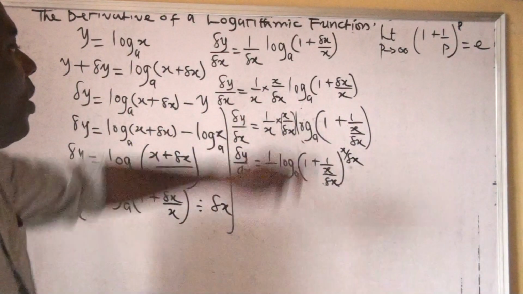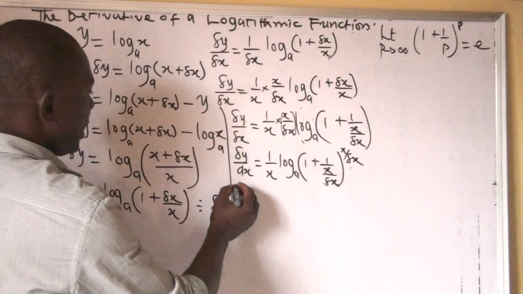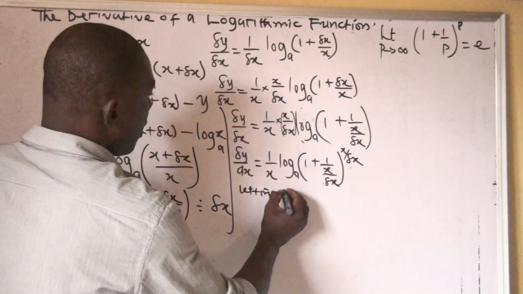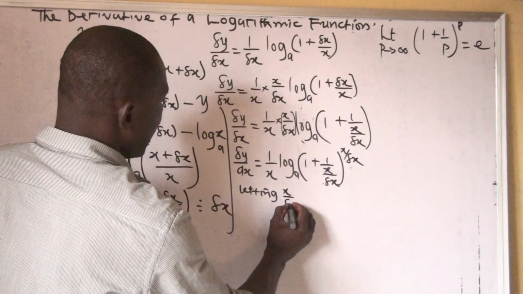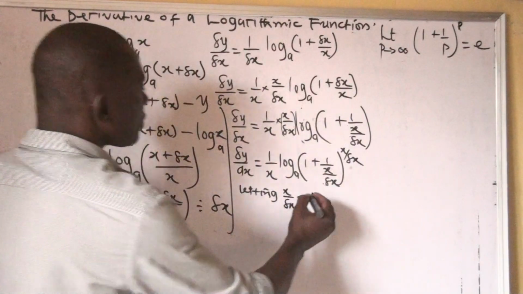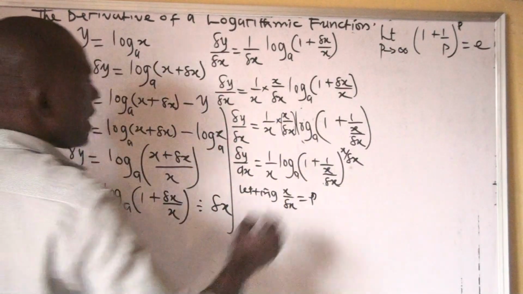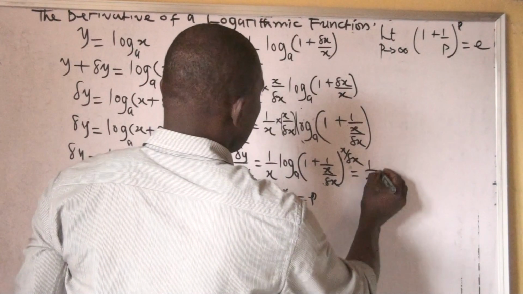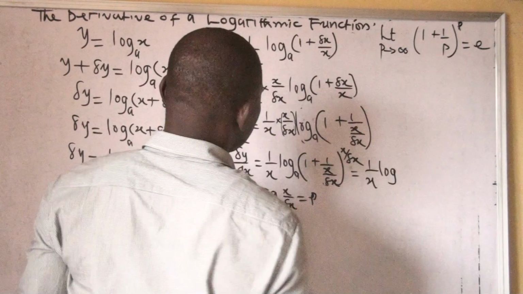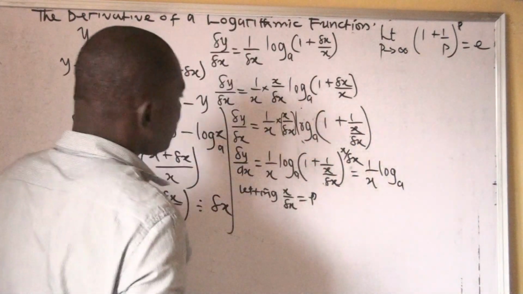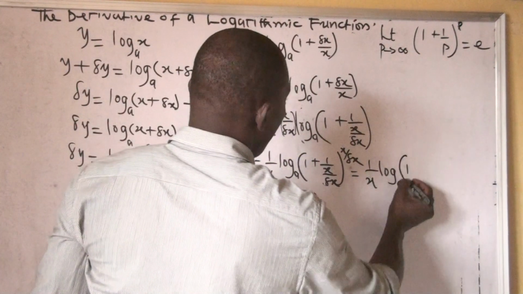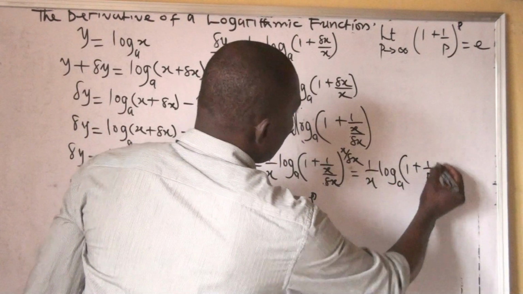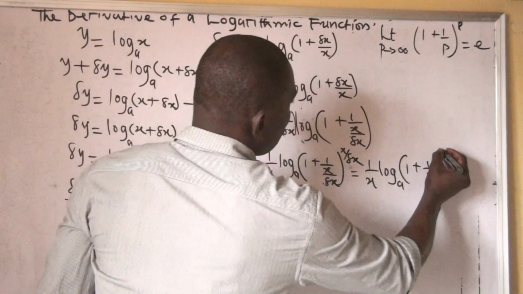By letting x over delta x be equal to p, we see that this becomes 1 over x log a of 1 plus 1 over p, raised to the power p.